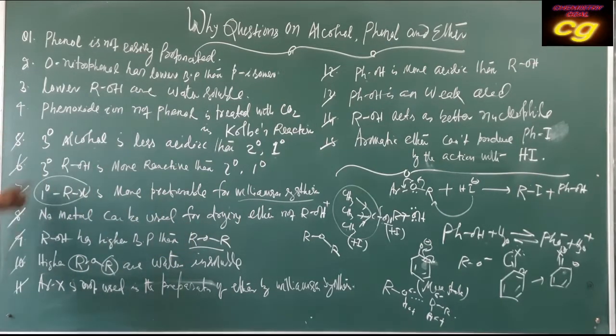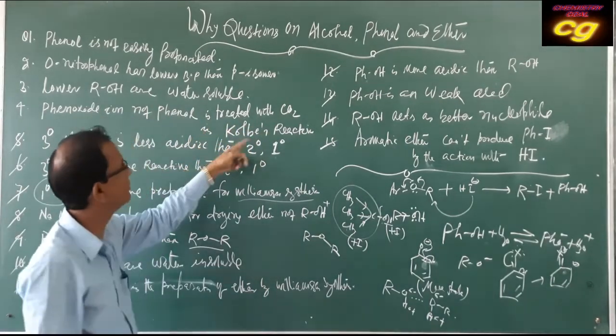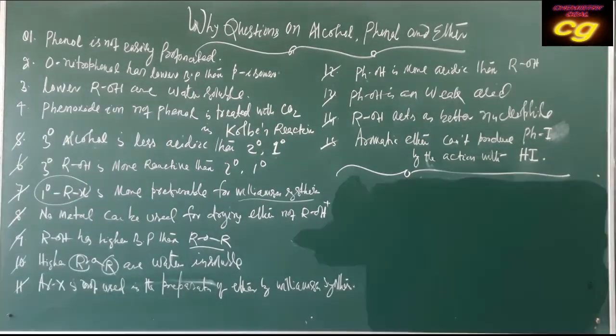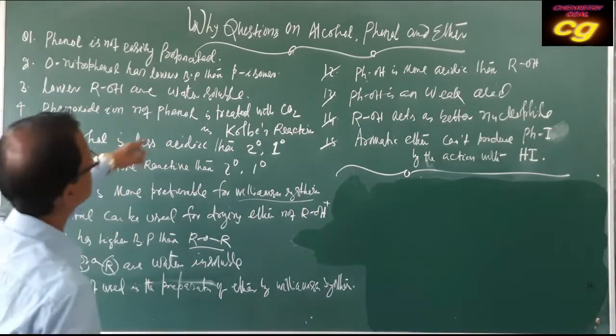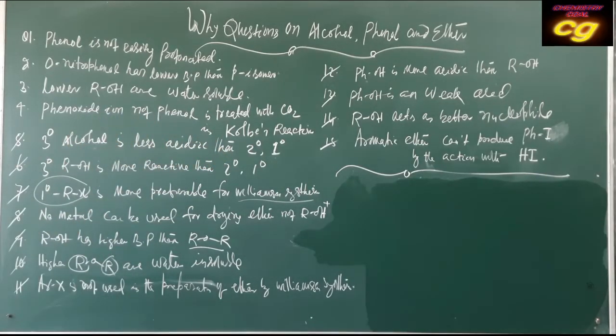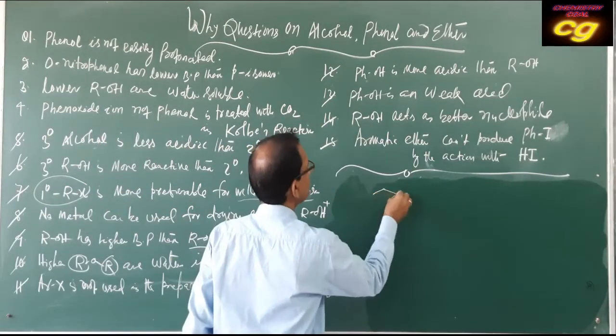Then question number 4. Why is phenoxide ion, not phenol, treated with carbon dioxide in Kolbe's reaction? In Kolbe's synthesis, you can write that phenoxide ion, not phenol, is treated with carbon dioxide because of what happens here.